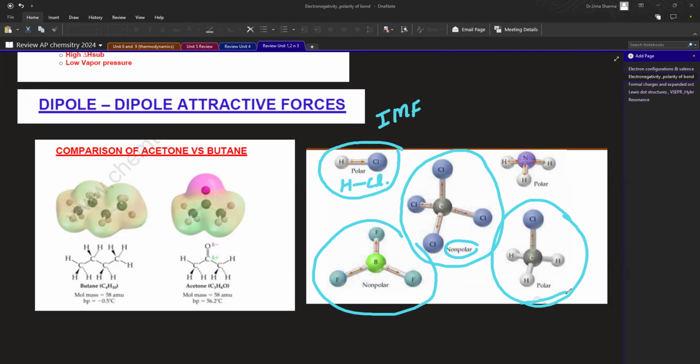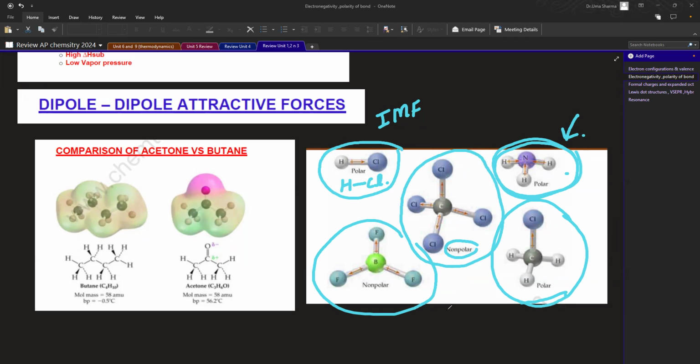Name the attractive force. Yes, LDFs, and which one is stronger? Dipole. Check this one. What kind of attractive force? This molecule. Yes, this one has hydrogen bonding and dipole.